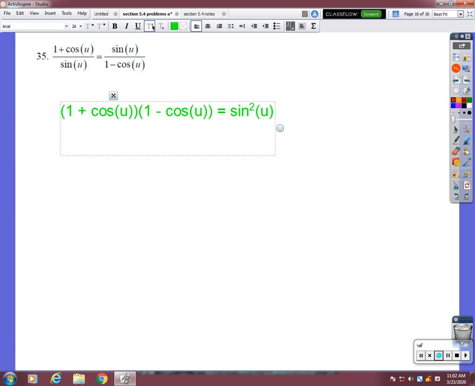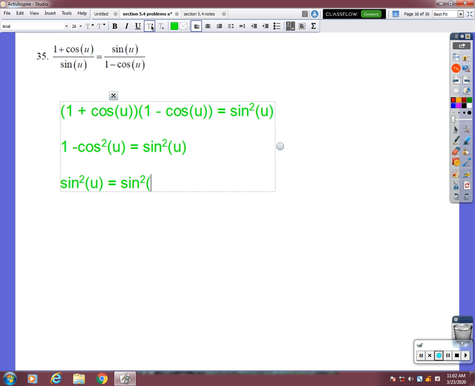And then when I FOIL 1 plus cosine u times 1 minus cosine u, that gets me 1 minus cosine squared of u. And I want that to equal sine squared of u, which it does. So I am done.